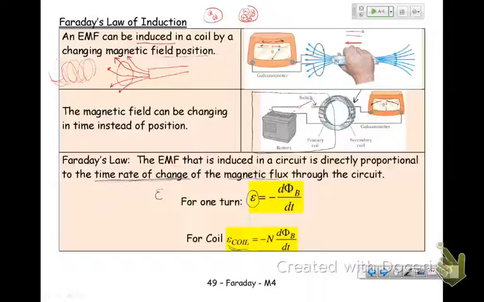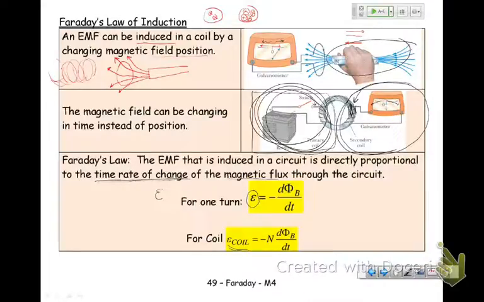Now, I want you to notice, my phi b is going through this guy, and my dt is how quickly that moves. It doesn't matter whether I'm using the bar magnet or this switch system on an electromagnet. It does not matter.